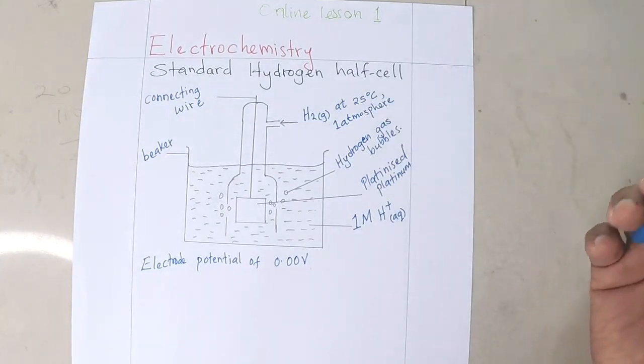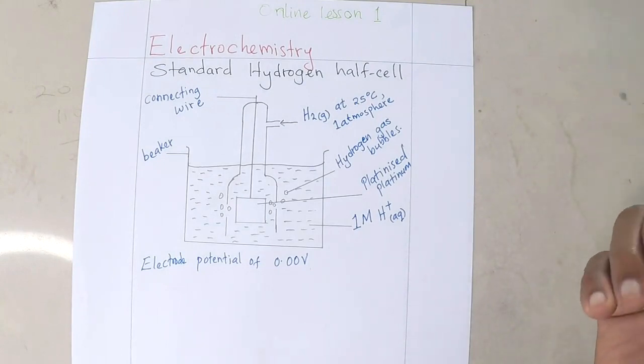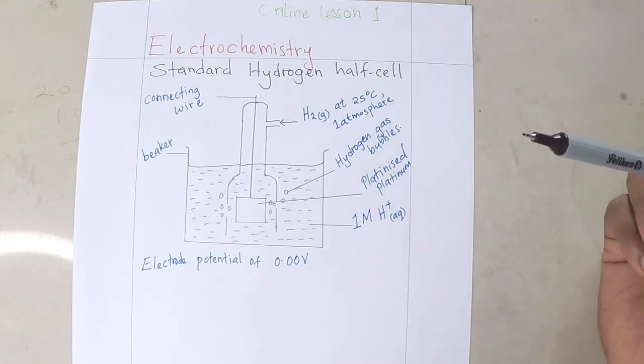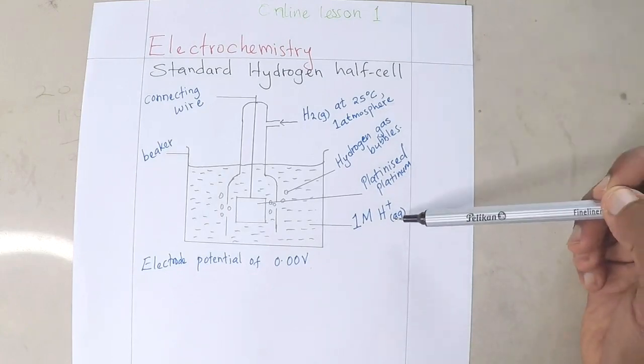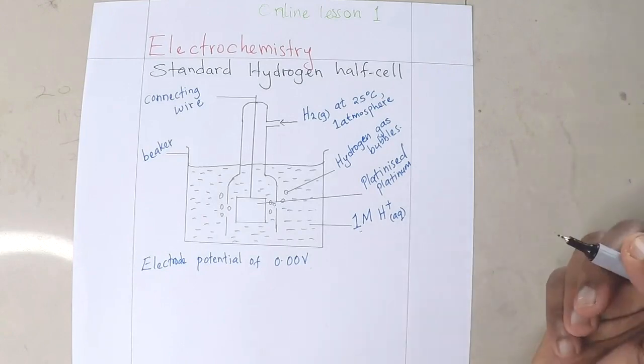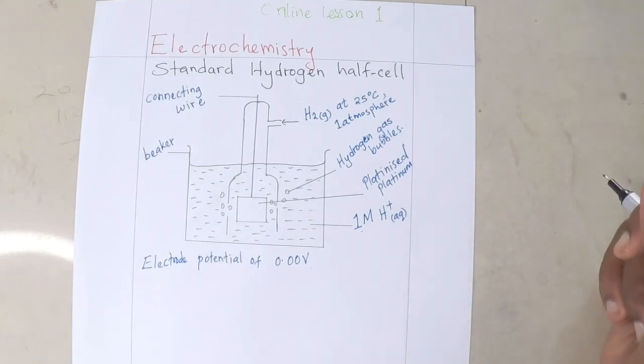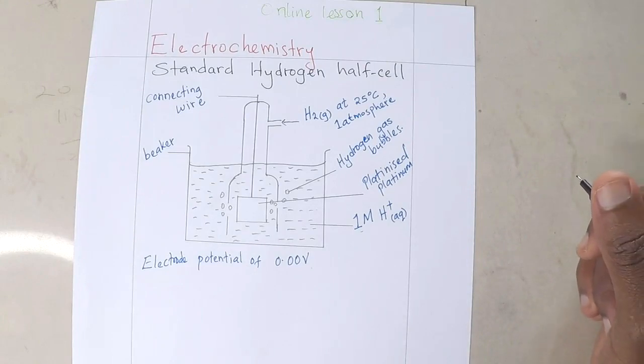The standard conditions for measuring the standard electrode potential are 25 degrees Celsius, 1 atmosphere, and all solutions must be 1 molar.